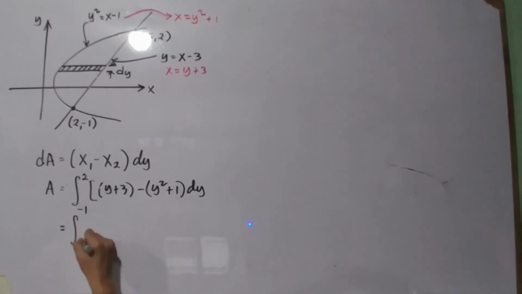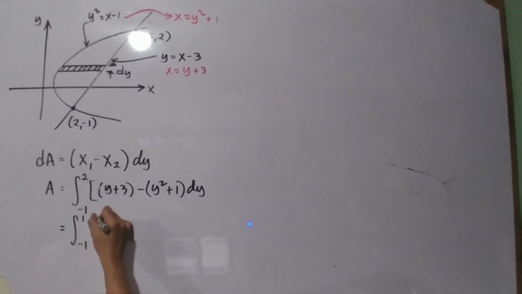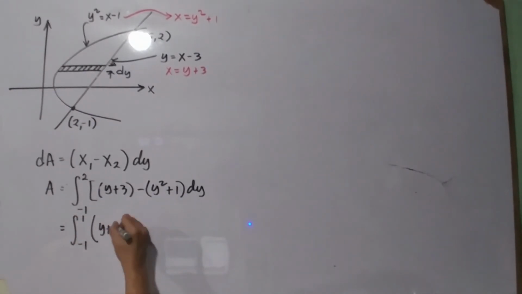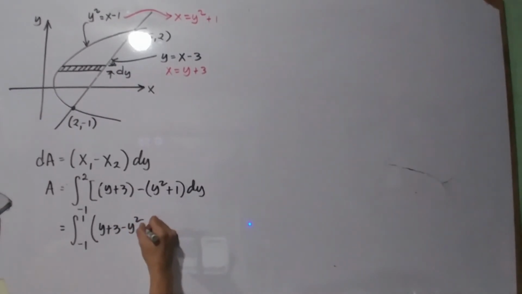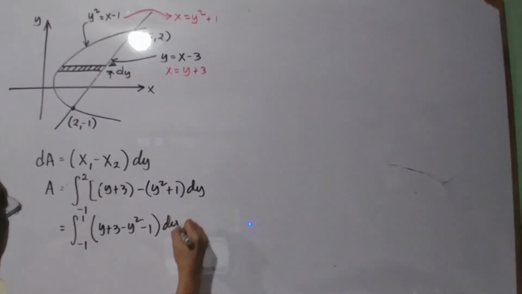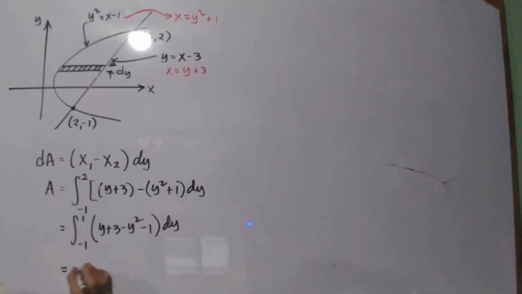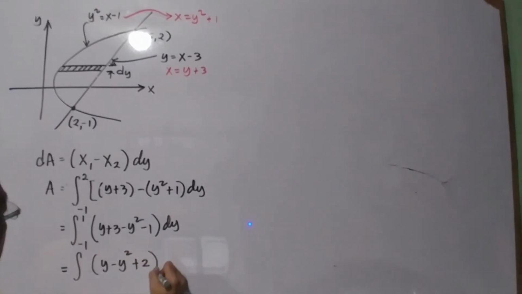Simplify, we have negative 1, we have y plus 3 minus y square minus 1 dy. Or we have now the integral of y minus y square plus 2 dy from negative 1 to 2.